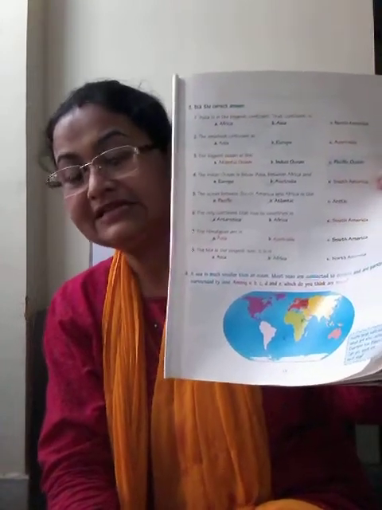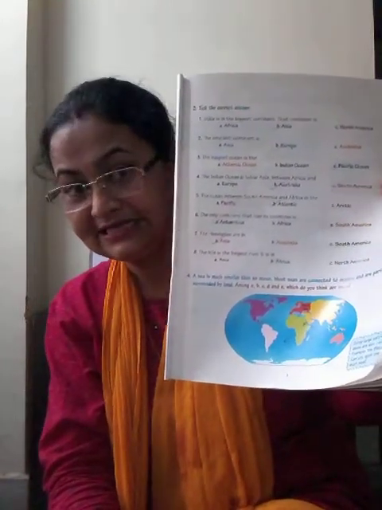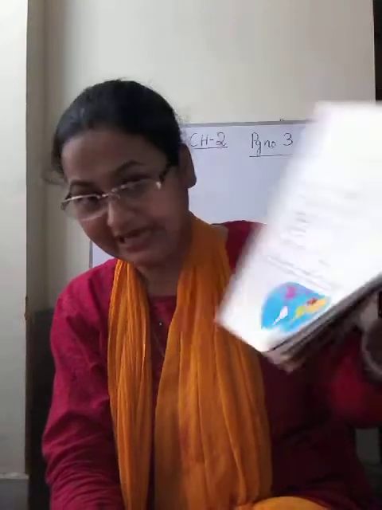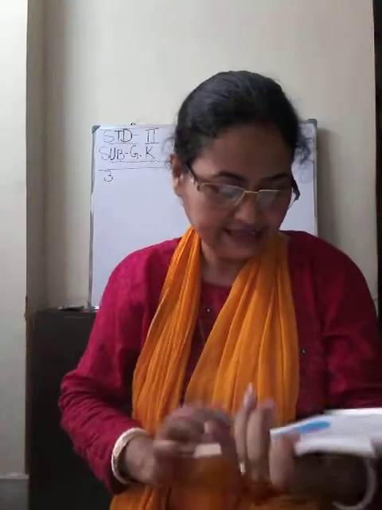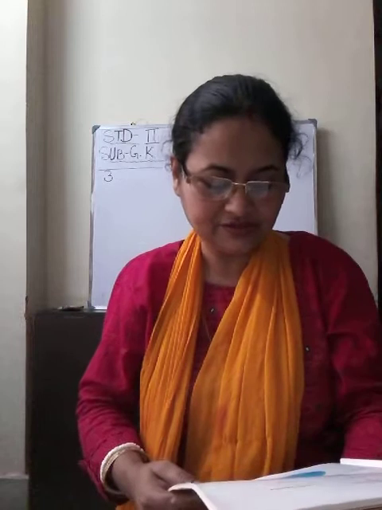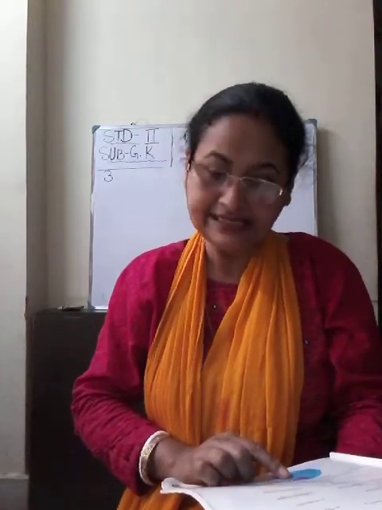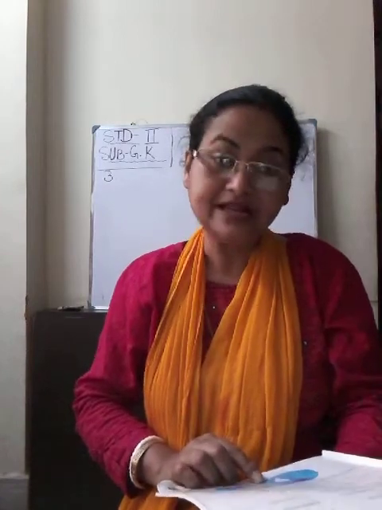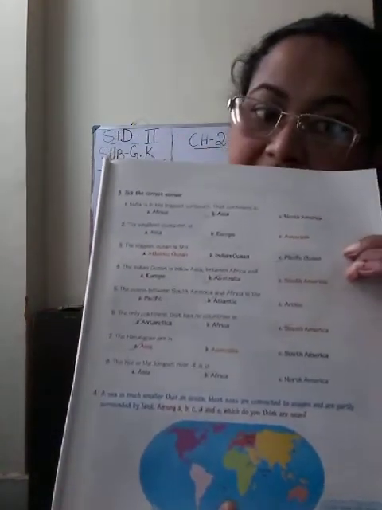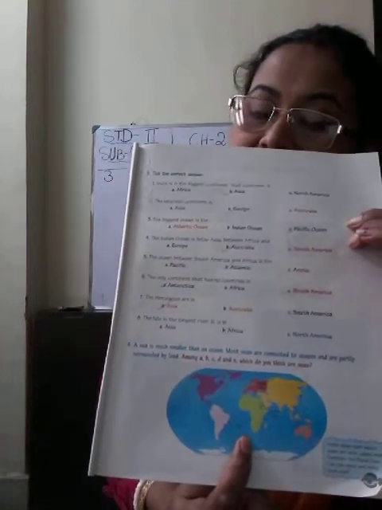Okay, so we can write which are the seas here. Number A is a sea, B is also a sea, C is also a sea, E is also a sea, except number D. D is not a sea, it is an ocean. So we have done page number 3 also.